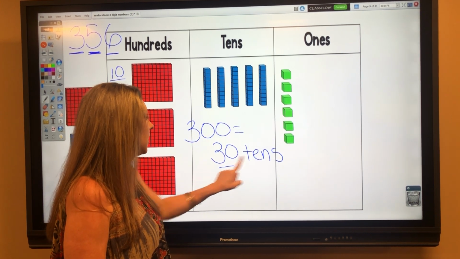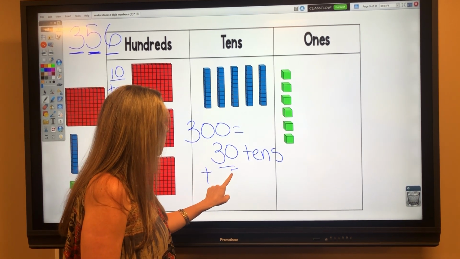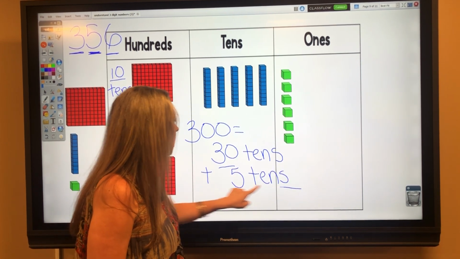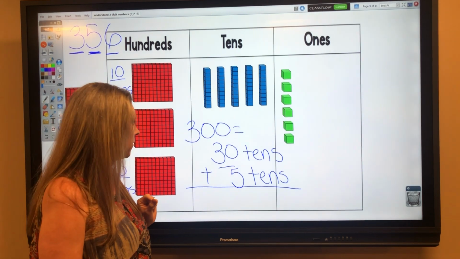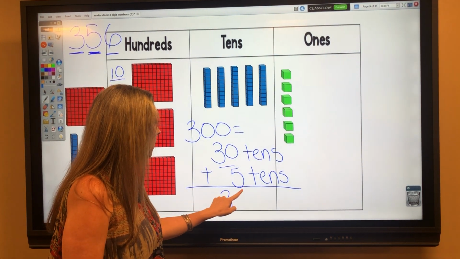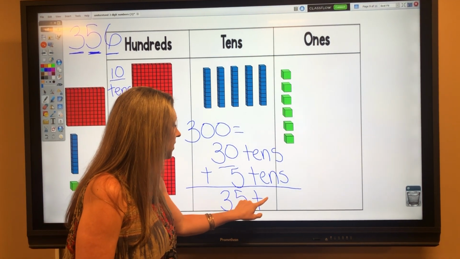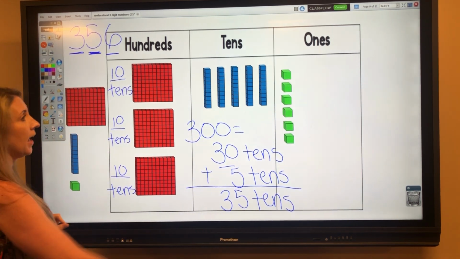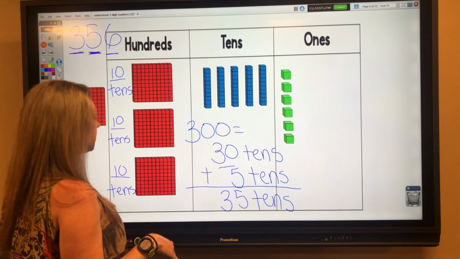So 30 tens plus 5 more tens. What does that equal? 35 tens. And you have your 6 ones.